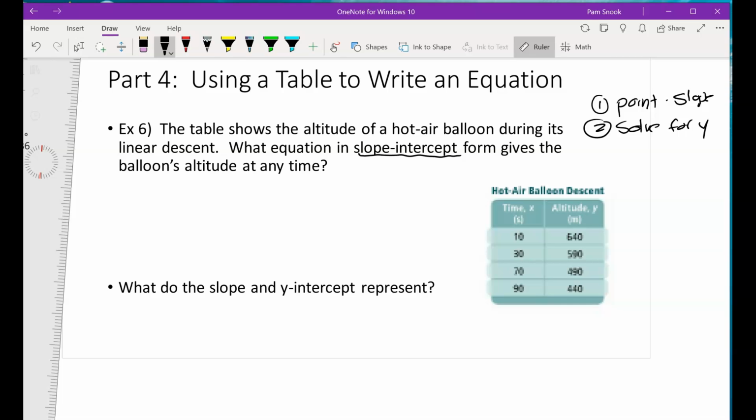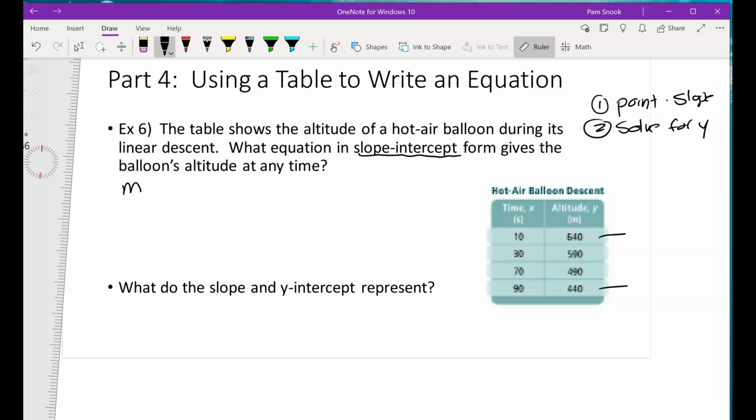So let's pick 2 points so that we can calculate a slope. I'm going to pick the 10, 640 and the 90, 440. The reason I'm choosing those is I actually find those numbers easier to read with my 50-year-old eyes. Feel free to pick any 2 points you want.